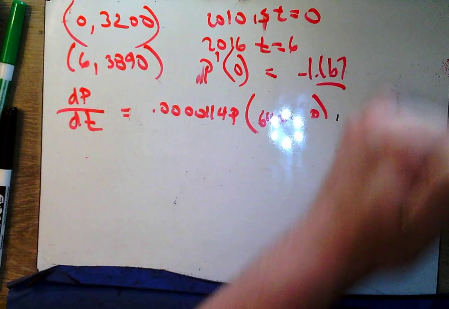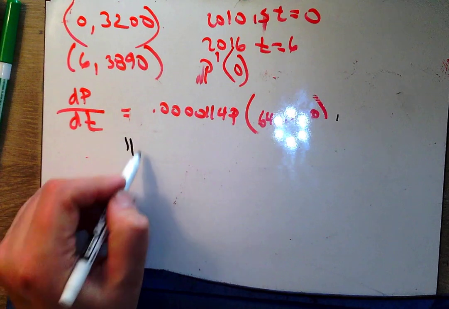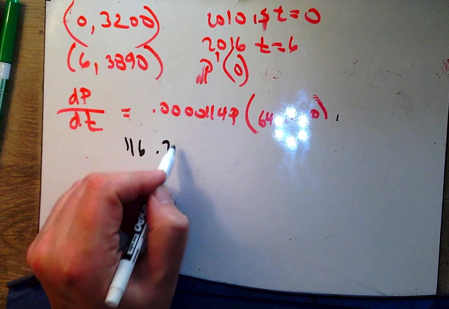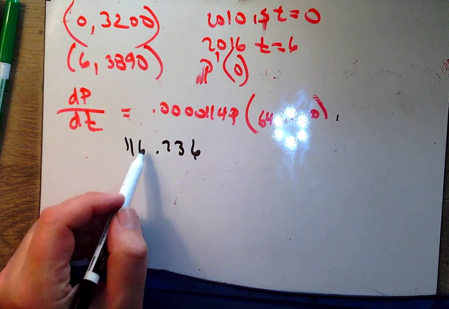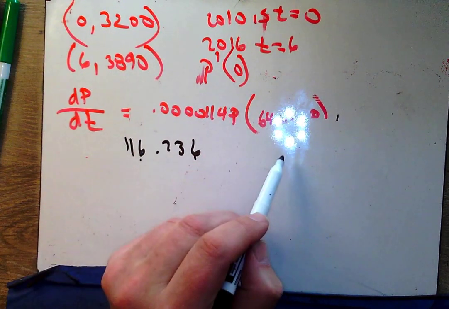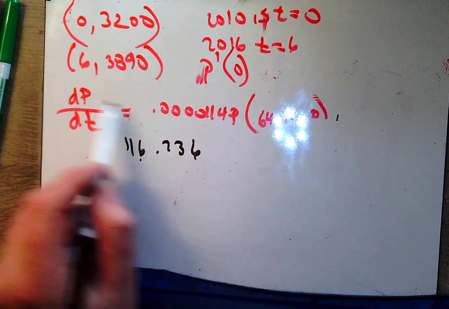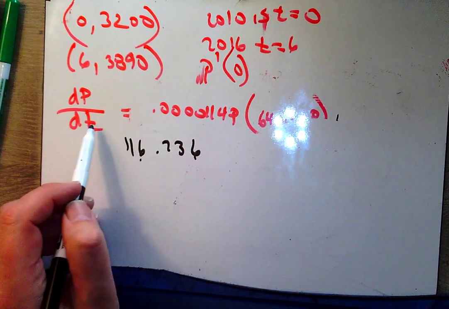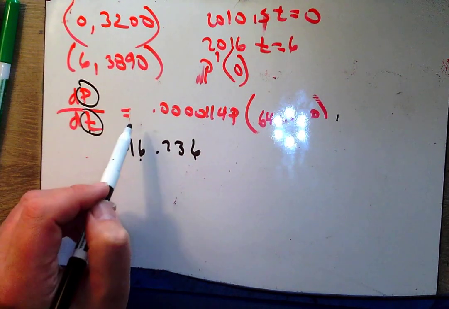So I know that this number is supposed to be 116.736. And what are the units on that? Well, that's very interesting. Let's do PDT. These are still in years, and these are tigers.